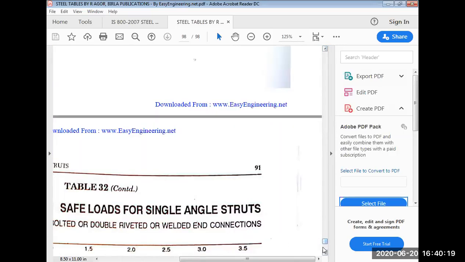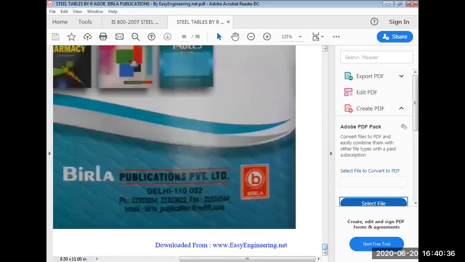While scanning this IS code, they have scanned up to 90 pages only. There may be up to 130 pages. So whatever part was not required they have not scanned. I have downloaded this from Google. So this is in the original handbook. All the wind velocities for the particular cities are given. So this is the steel table.